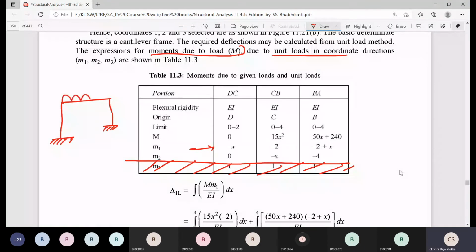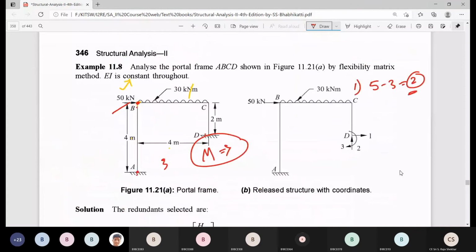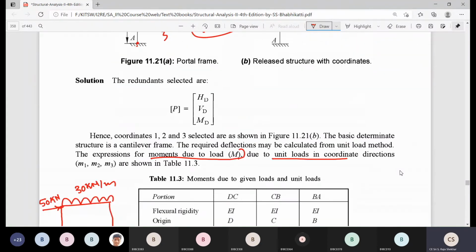A uniform distributed load of 30 kilonewton per meter is acting, and at support B a 50 kilonewton load is acting.